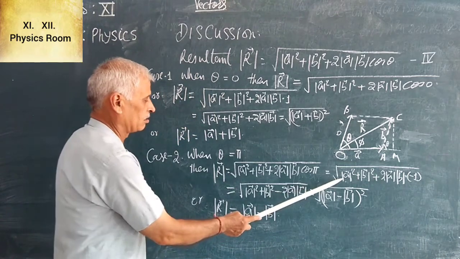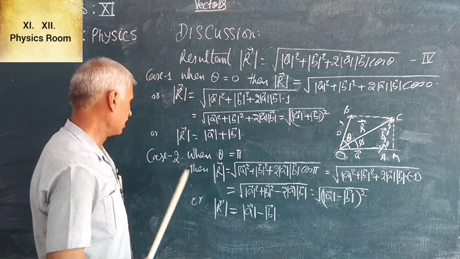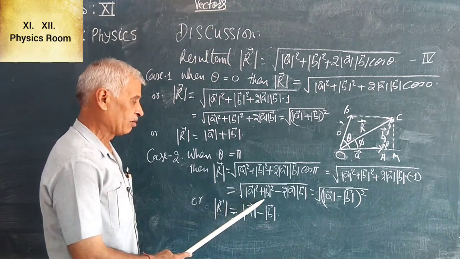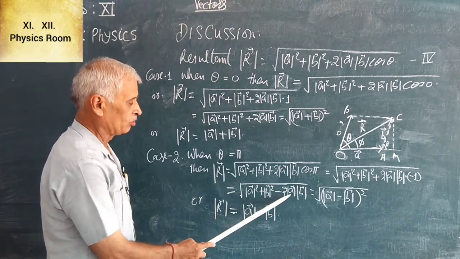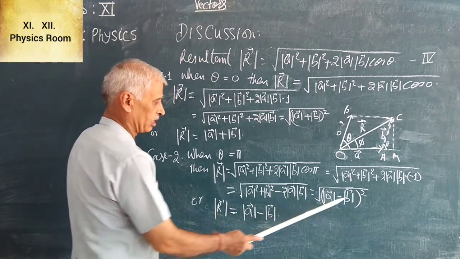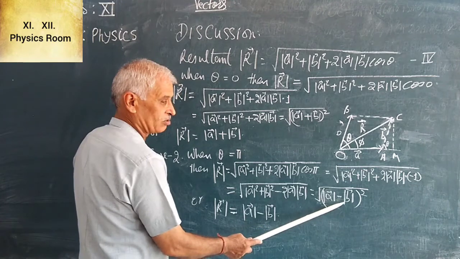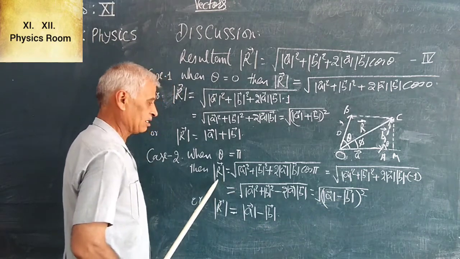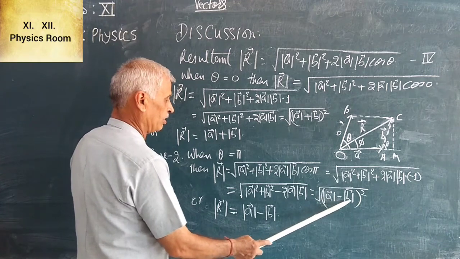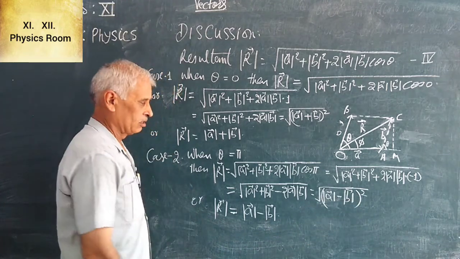And then after evaluating this, resultant R will be equal to mod A square plus mod B square minus 2AB, and it is the square of A minus B. So resultant is equal to under root of (A minus B) whole square.